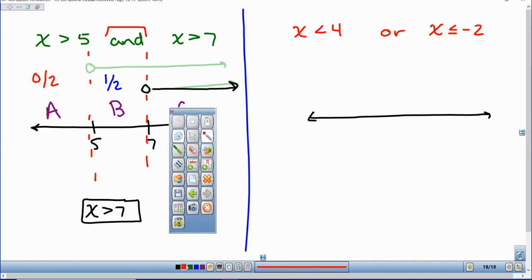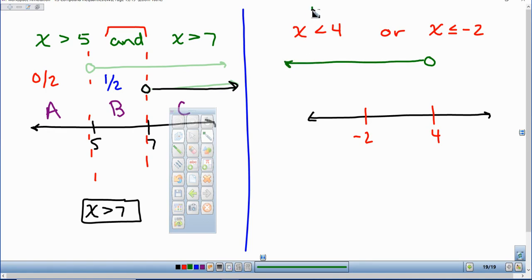Similarly, if we're doing an or, let's say we had 4 and negative 2, like I've given the example of, x is less than 4. So here's 4. Anything less than 4 works for this guy. Anything less than negative 2 or equal to negative 2 works for this guy.